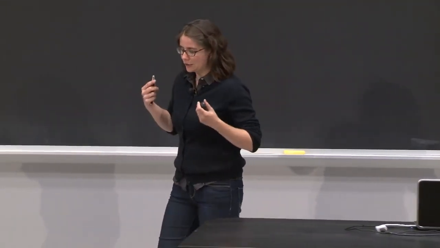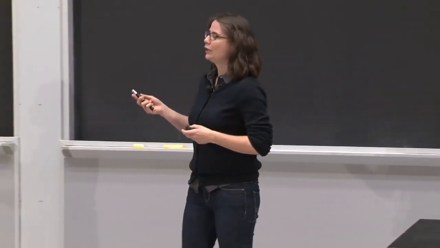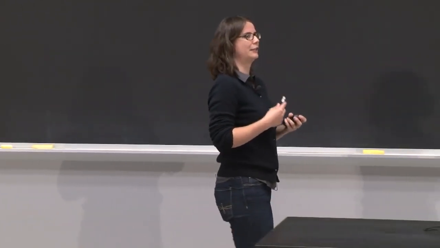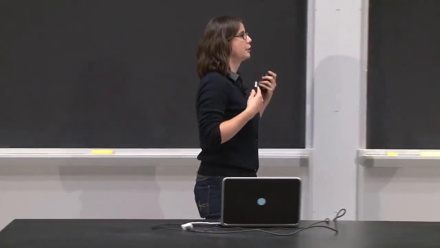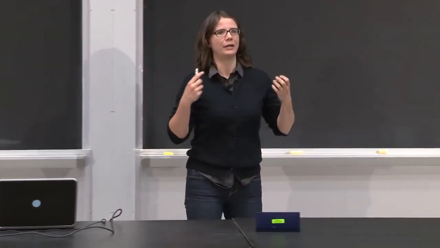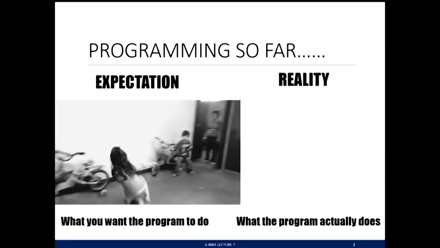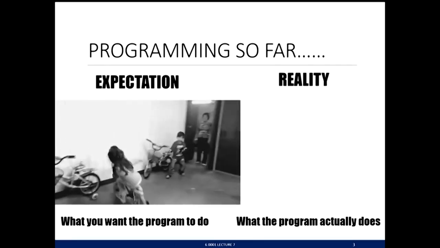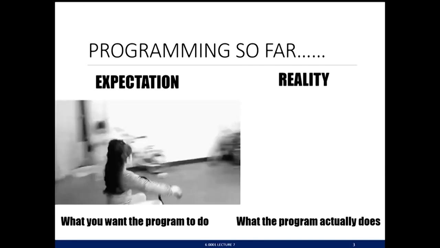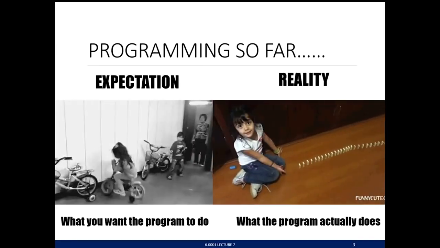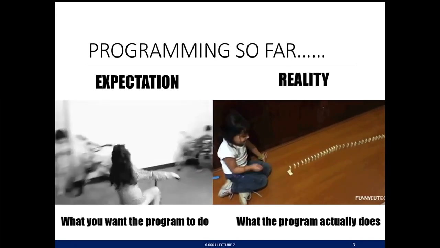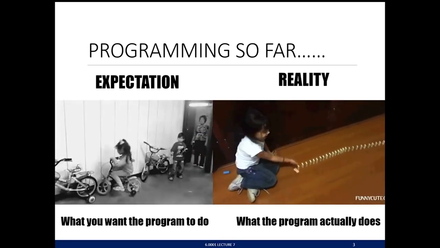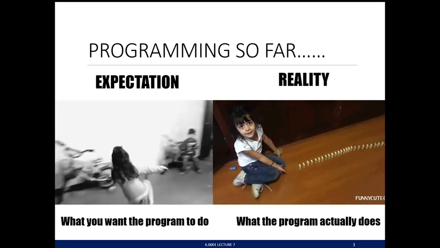Okay, so let's talk a little bit about programming so far in 6.0001 or 6.00. You expect really that you write a program, you maybe do a little debugging, and you run the program and it's perfect, right? You just nailed it. But in reality, you write this really complex piece of code and you go to run it and it crashes, right?